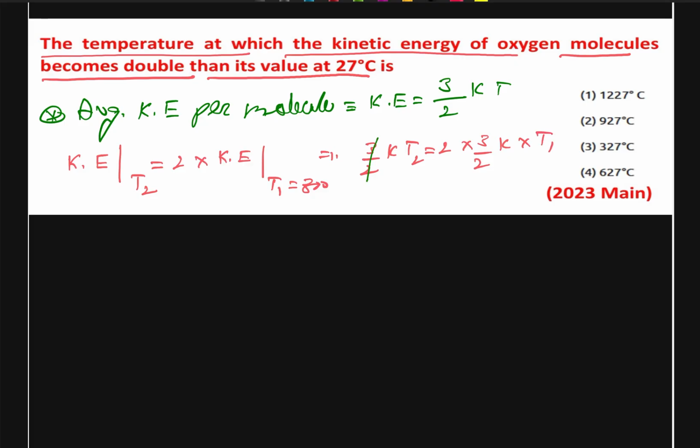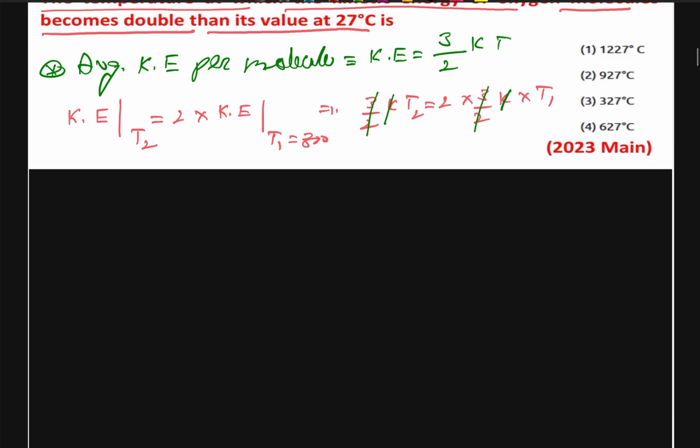So here this 3 by 2 k cancels out, and we get that our T2 is equal to 2 times T1, that is 2 times 300, giving us 600 Kelvin.